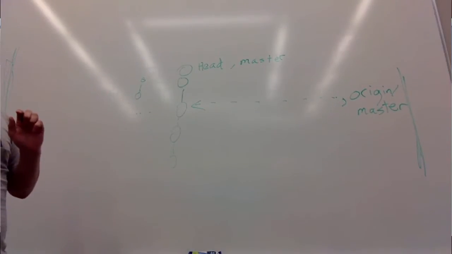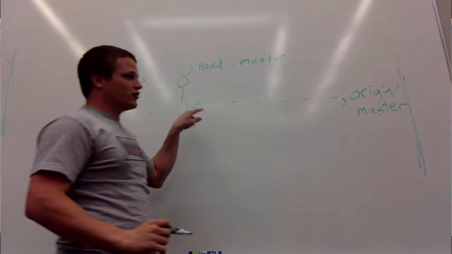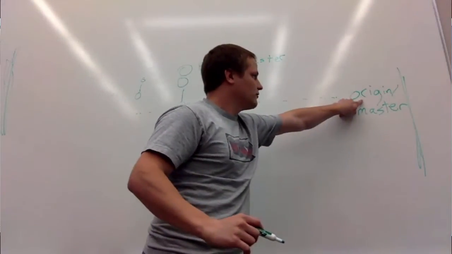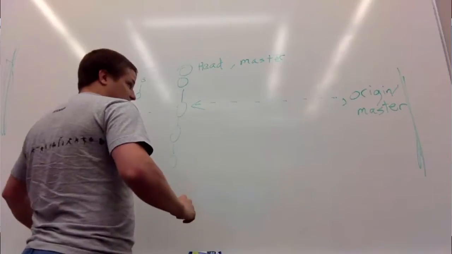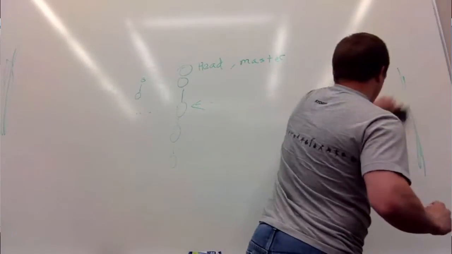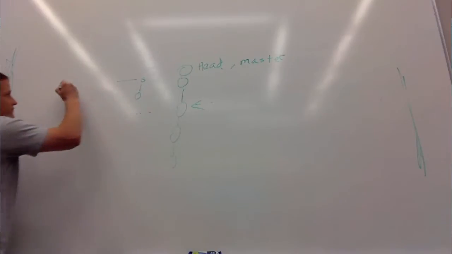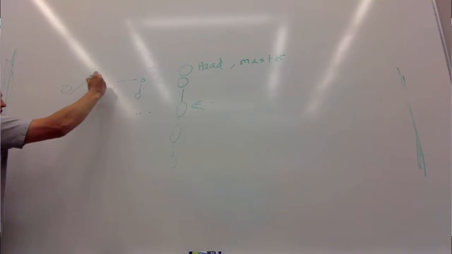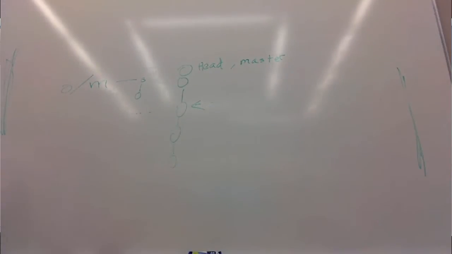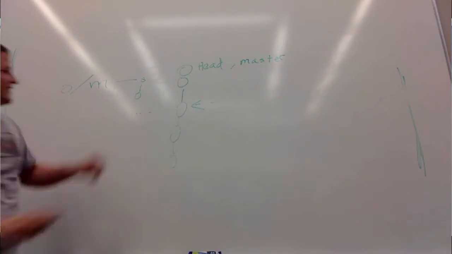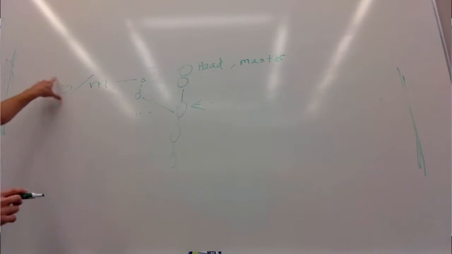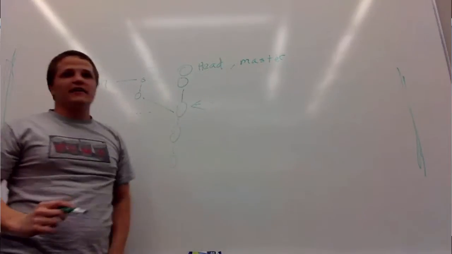When you do a git fetch, it's going to fetch all those changes into your remote origin master. I'm going to call it O/M because I'm tired of writing origin master. So here, origin master is in a slightly different state.